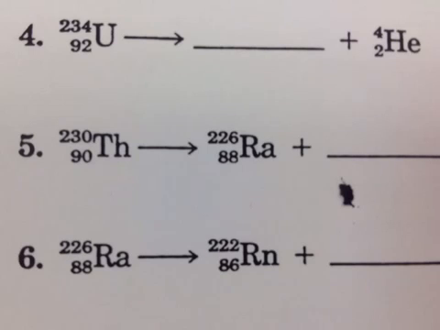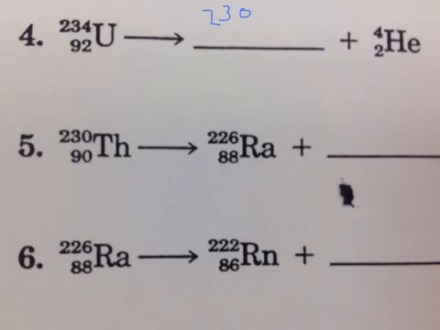Continuing with our examples, you'll notice in problem number 4, we have uranium-234, 92. We have our yield symbol. And on the right, we have an alpha particle. So we have 234 on the left. We have 4 on the right. Therefore, we need to add 230.